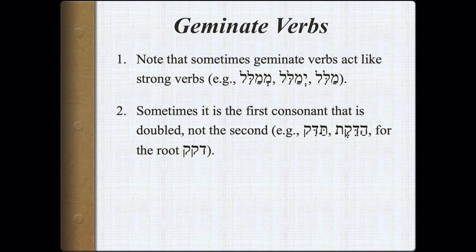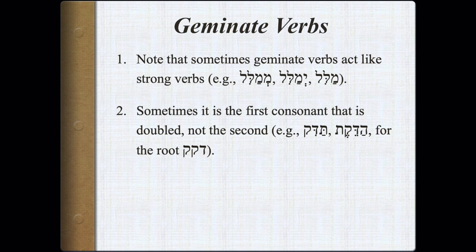Note that sometimes geminate verbs act like strong verbs, as in these examples. In the perfect, imperfect, and the participle, all have the doubled lamed of the root mem lamed lamed.